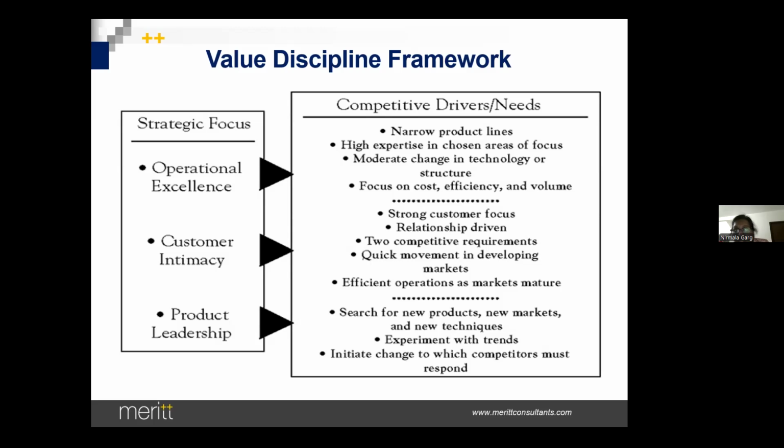There are 3 types of value disciplines, or 3 types of go-to-market strategy. It means how do I go to the market?